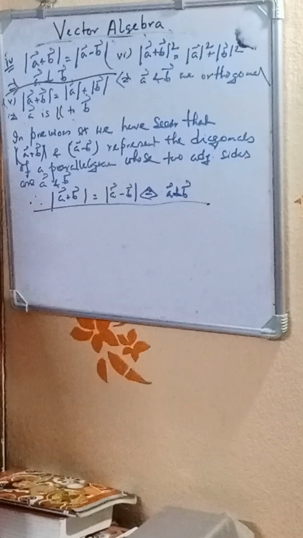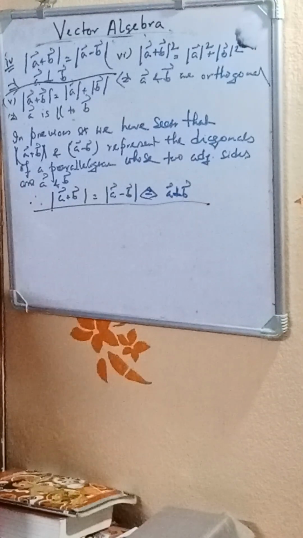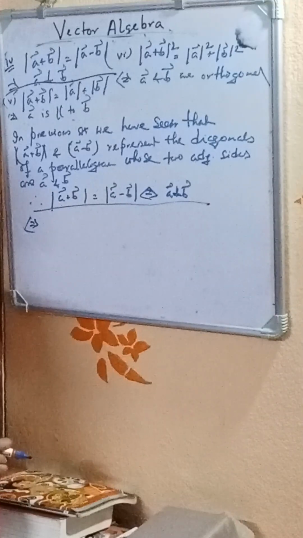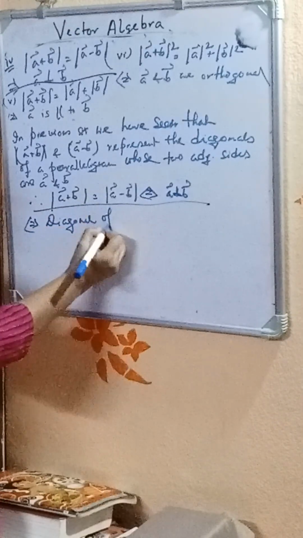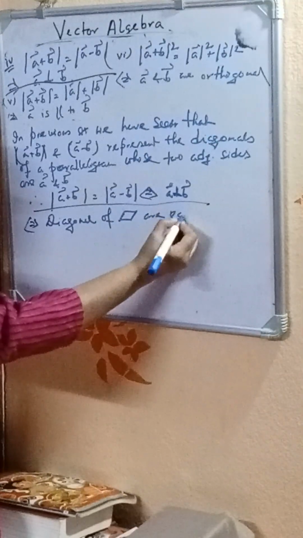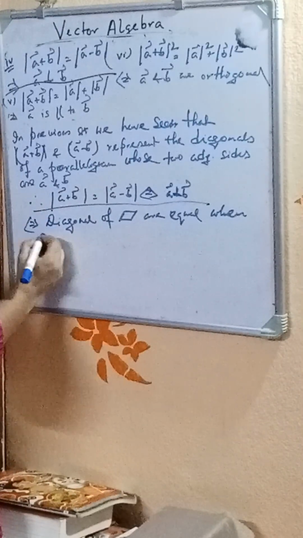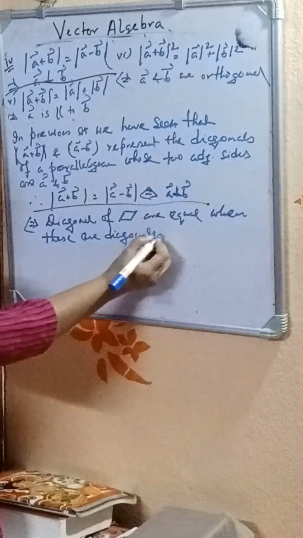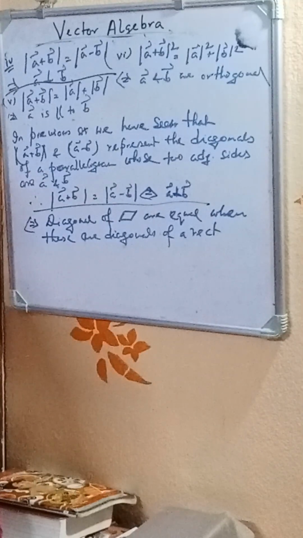Now, the diagonals of a parallelogram are equal if and only if it is a rectangle.